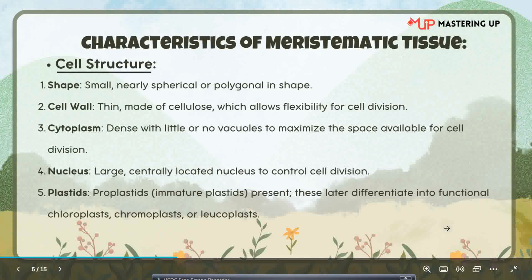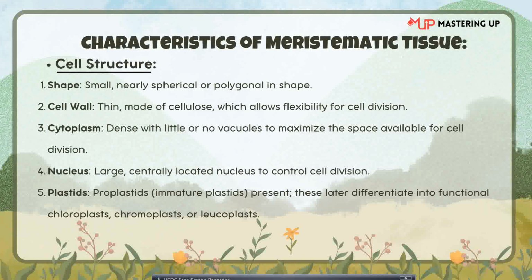Okay, so first of all, let's know the characteristics of meristematic tissue. Cell structure first. The shape: meristematic cells are generally small because they are actively growing and producing new cells again and again. Their primary function is growth, so they are small and nearly spherical or polygonal in shape, to cover the maximum space.